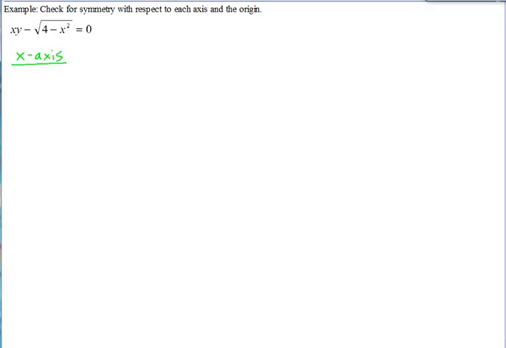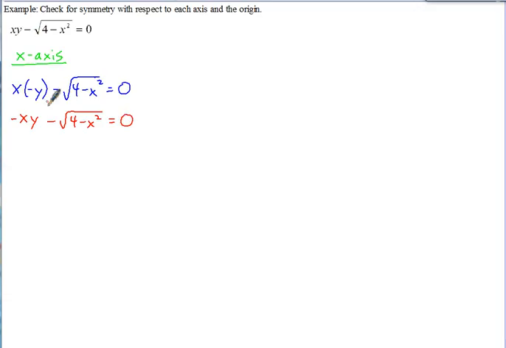So if you had a y right there, you replace that with -y: -y minus the square root of 4 minus x squared equals 0. In this case, that's the only y. So when you simplify it, you get -y minus the square root of 4 minus x squared equals 0. Then you compare this to the original equation. Is it the same or not?